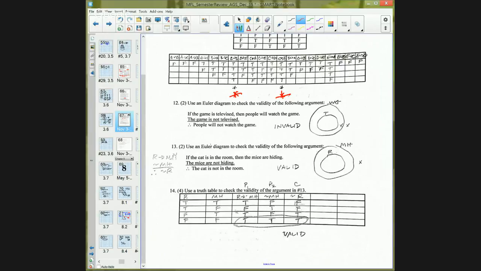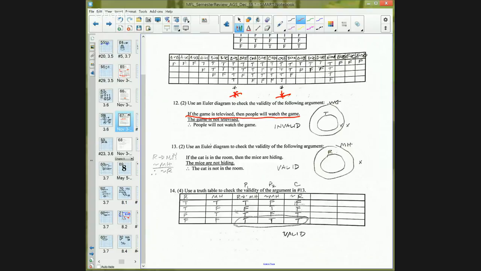Last we talked about this, I was a little worried. We still had a little bit of confusion about number 12. When you draw an Euler diagram, and it's an if-then statement, like this first one here, if the game is televised, then people will watch the game, where do you put the if part? In the middle.